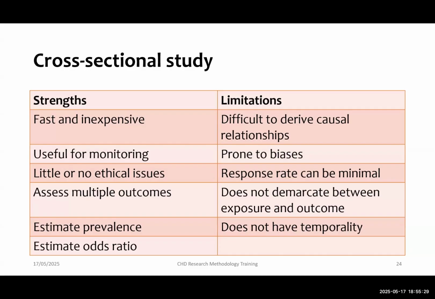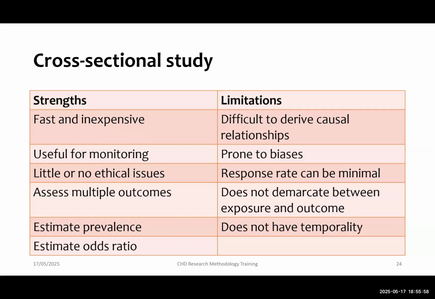So you can collect multiple outcomes, and you can estimate the prevalence of all those diseases or outcomes of interest. And odds ratio can be estimated, particularly when you're doing logistic regression, which looks at the factors or determinants of a particular disease or outcome measure.